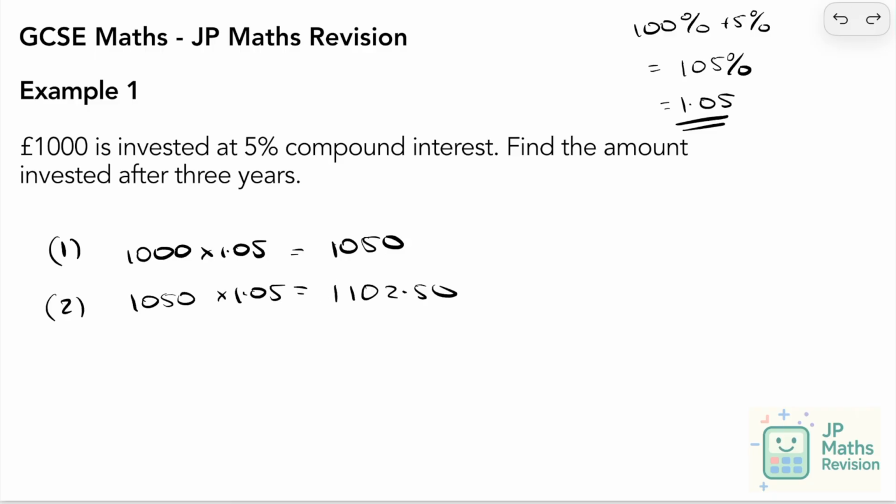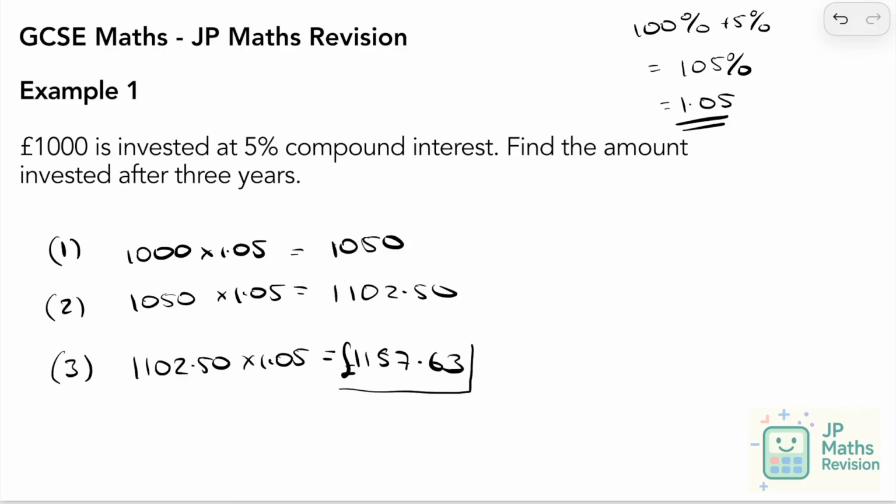So then the third year, I'm going to multiply this new amount by 1.05. So in the third year, we're going to do £1,102.50 times 1.05, and that's going to give us £1,157.63. So that means after 3 years, it's worth £1,157.63. So you can see in the first year, the money went from £1,000 to £1,050.